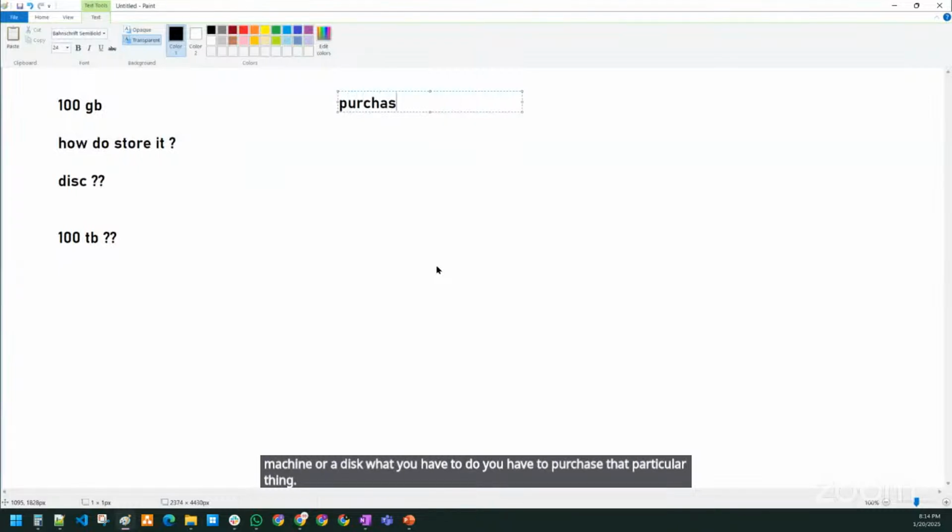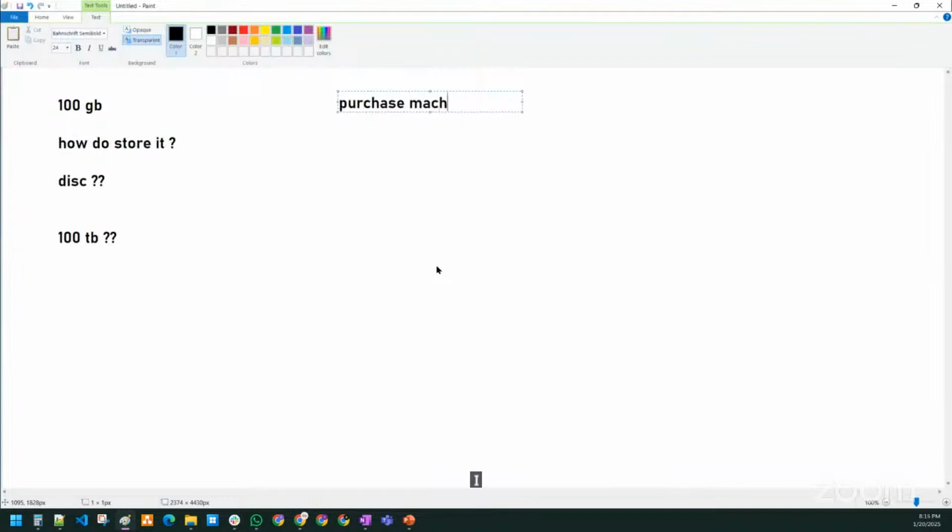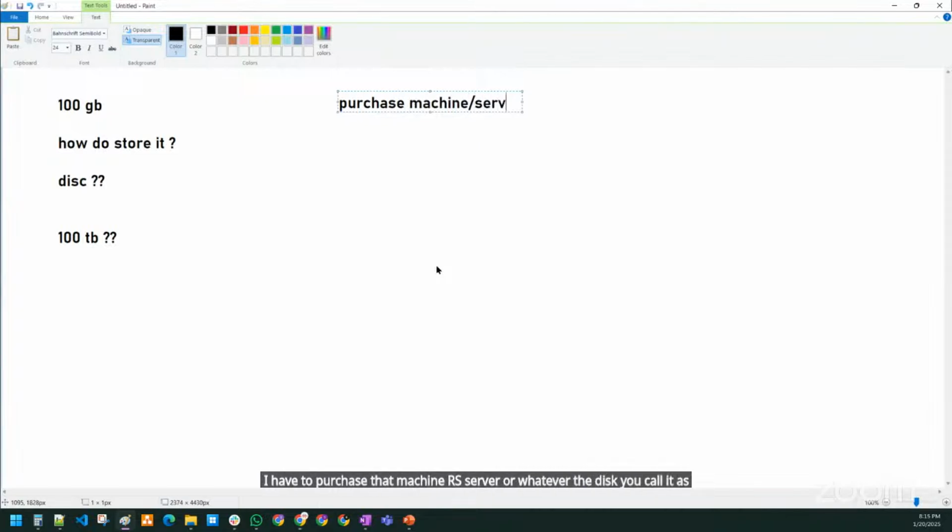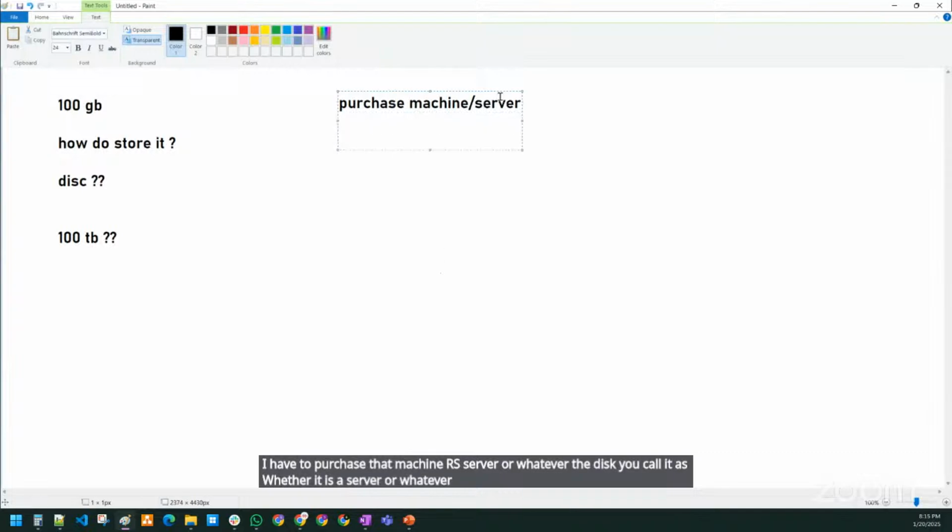I wanted to tell you guys the difficulties from the scratch. I have to purchase that machine or a server or whatever the disk you call it. If it is a machine or a server, what we have to do, guys? We have to install the operating system, yes or no?